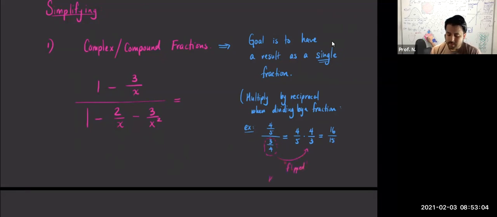This is also known as the keep, change, flip method. That's how we divide by fractions. But we're not going to do that here, because this looks a bit more complicated than just two regular fractions being divided by one another. So this takes a little bit more.